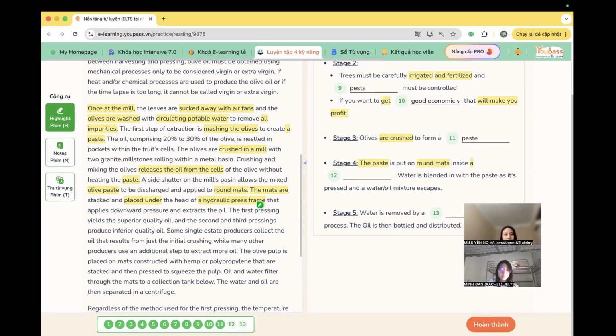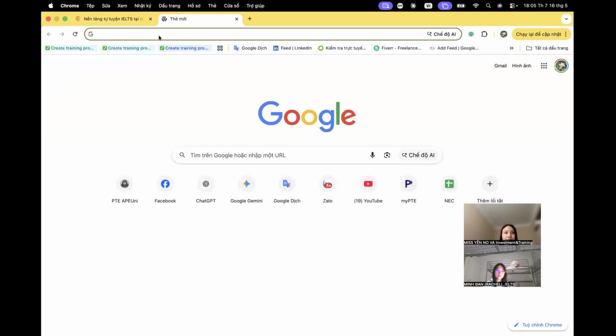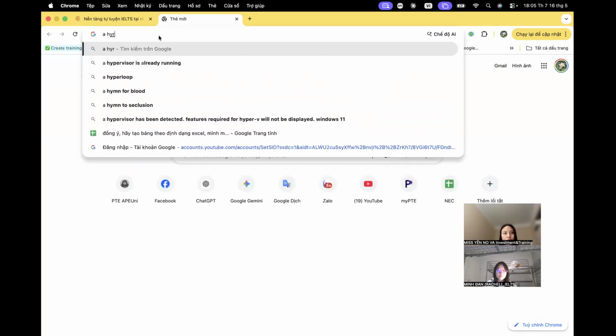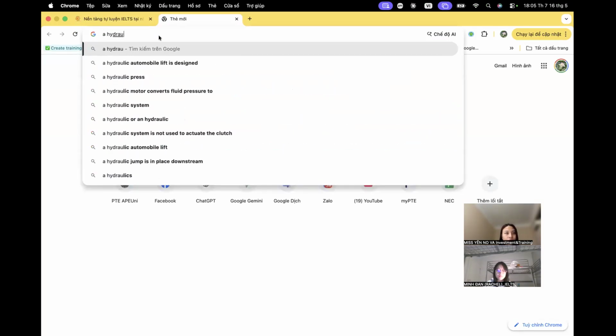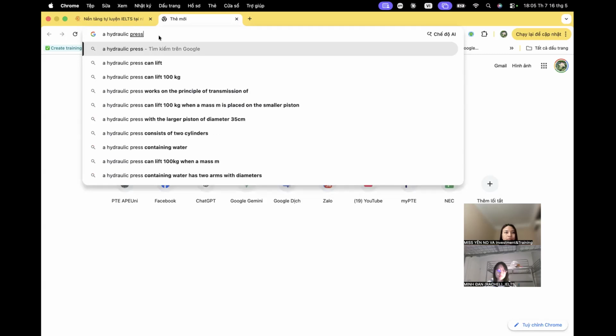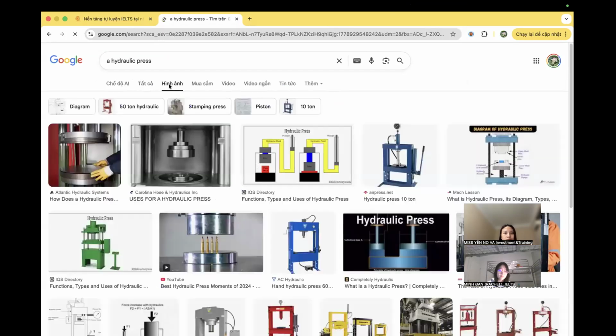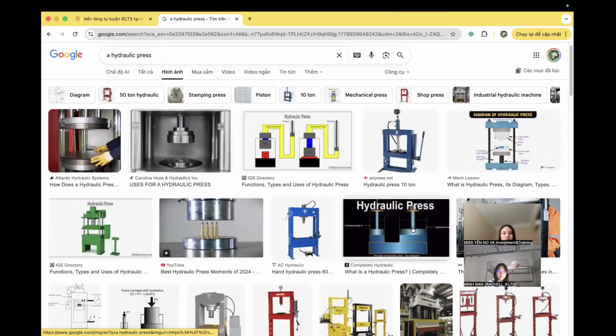A hydraulic press frame. I will show you. It's something like water, and they use the pressure of water to press it. So they use the word hydraulic. Like this.